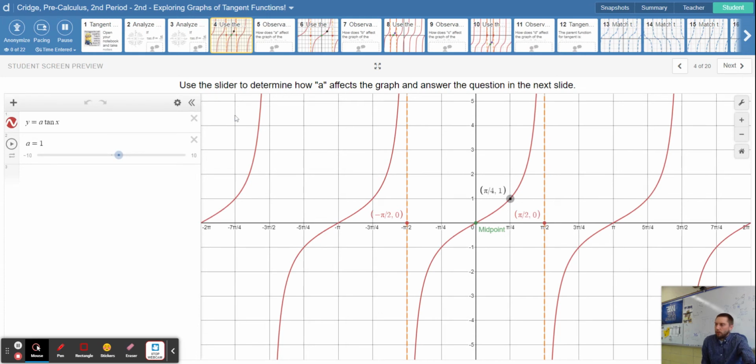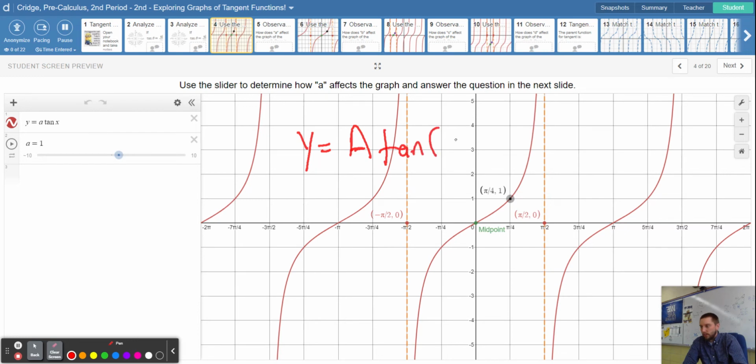So all you're going to do is investigate what the different letters in front of our tangent graph do. So your full equation looks something like this: a times tangent of bx.